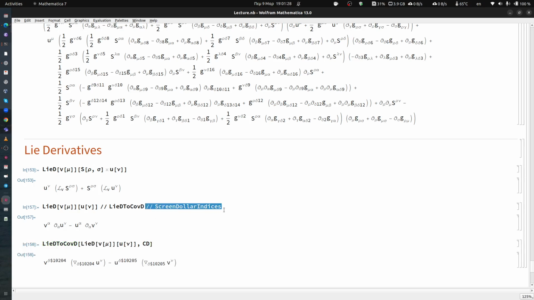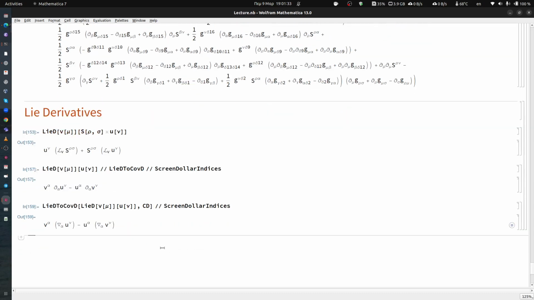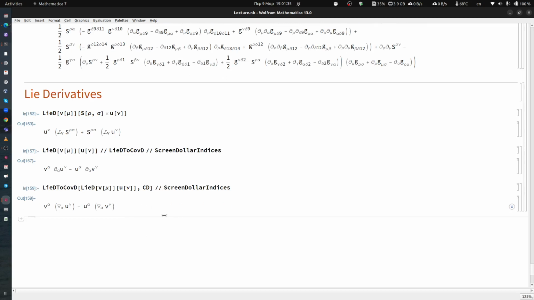Again, we have to screen the dollar indices and obtain this expression here. So you can do that with any tensor.